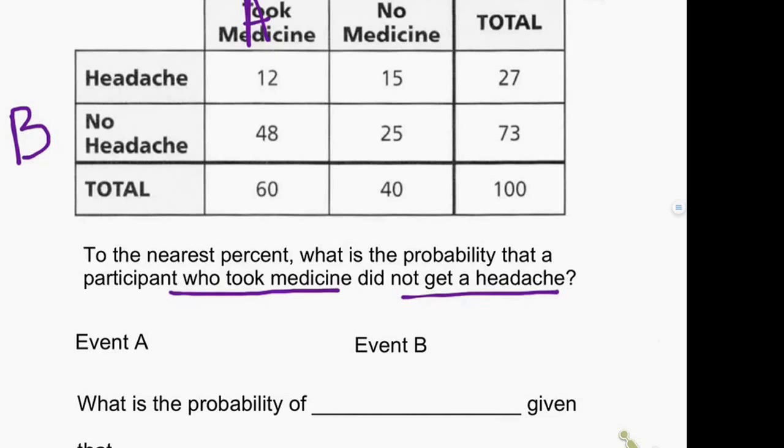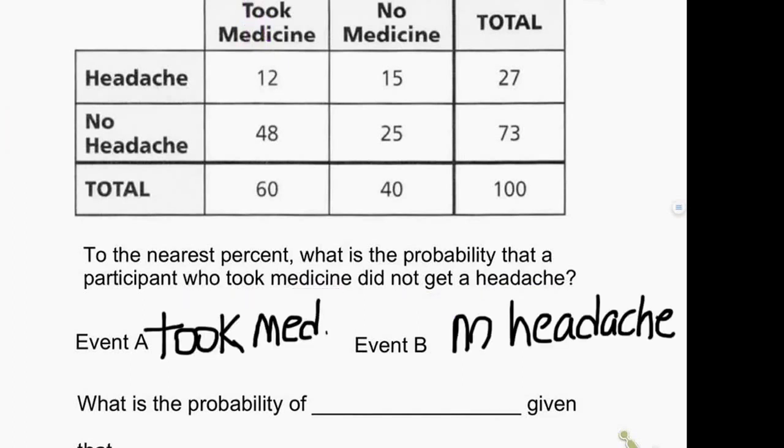And what I want to do is label that and put the title underneath each event. So I say event A is who took the medicine. It helps me to label the chart. And event B is no headache. I want to write that in conditional statement form using the word given.